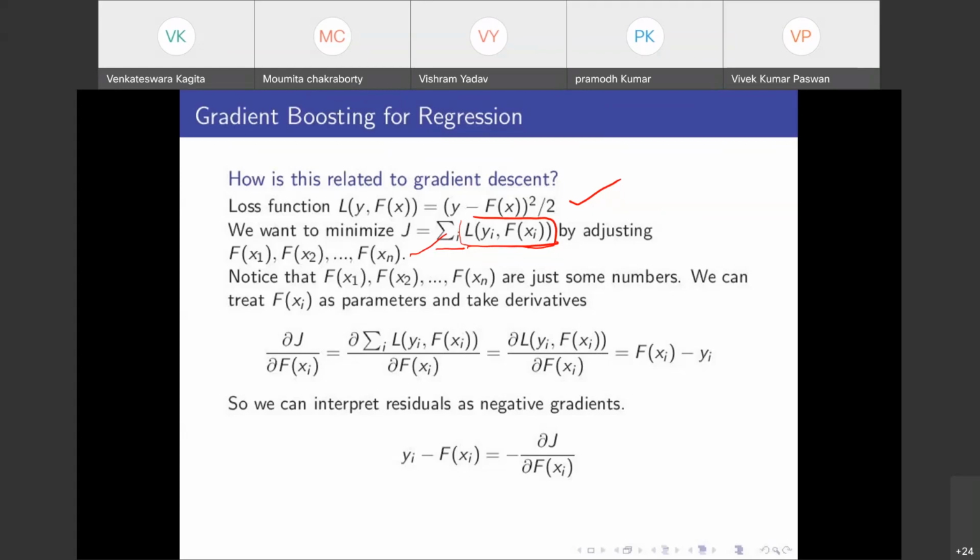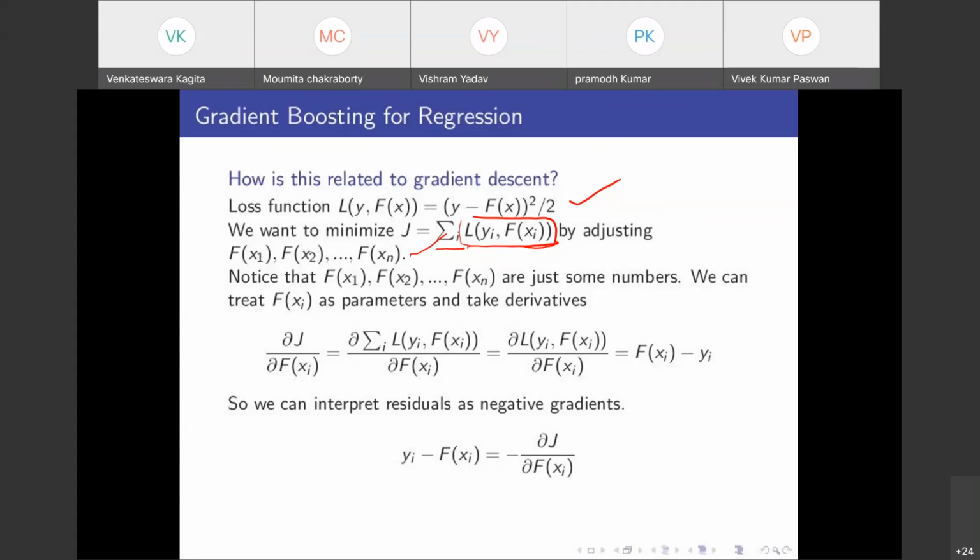And also note that here f of x1, f of x2 or f of xn are just some predictions. It means they're just some numbers. So you can treat them as the parameters and take the derivative, isn't it? Because they're just some numbers, you can treat this f of xi as a parameter and take the derivative with respect to it.